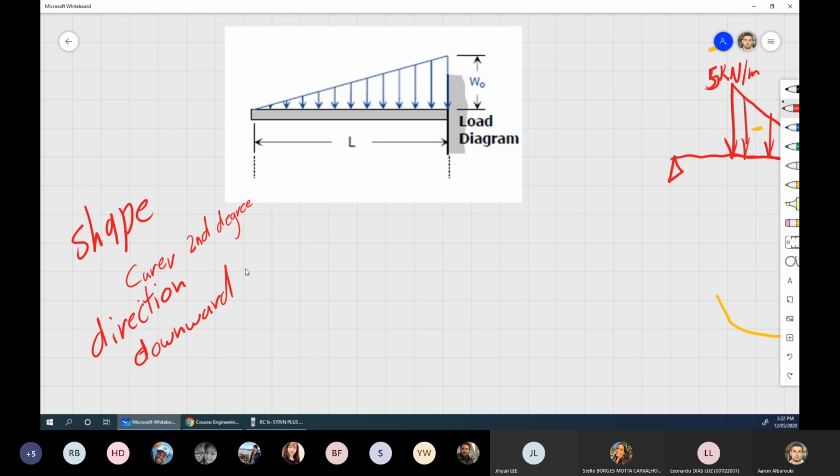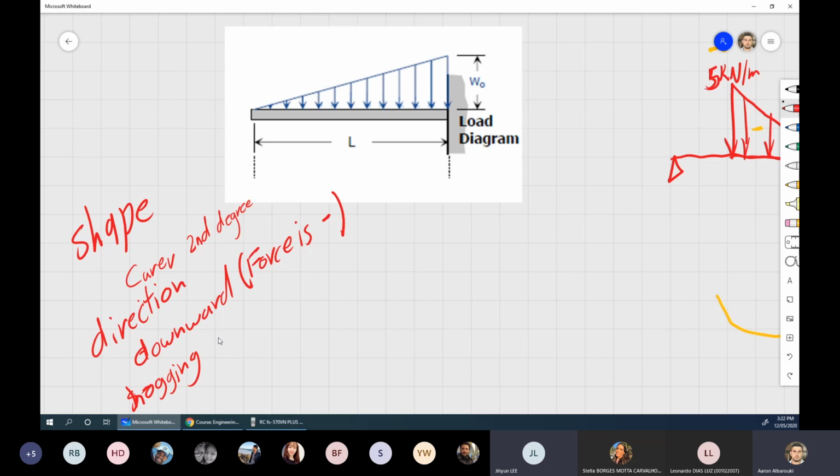Because force is negative. Yes. And then it has to face downward as well because the value is decreasing. So the curve is a sag, I'd say. Sorry, it's a hugging curve. Yeah, I think so.